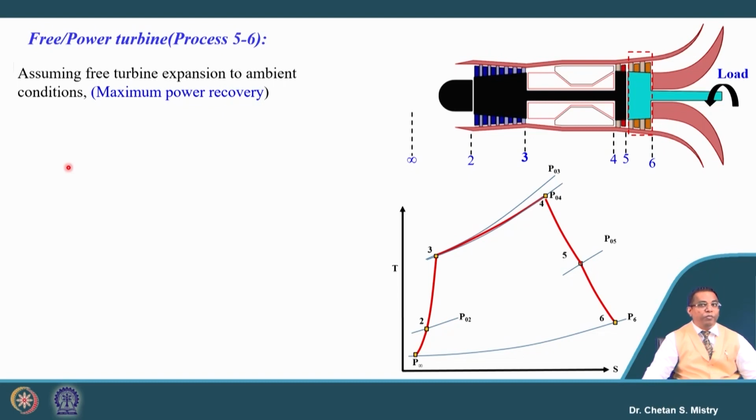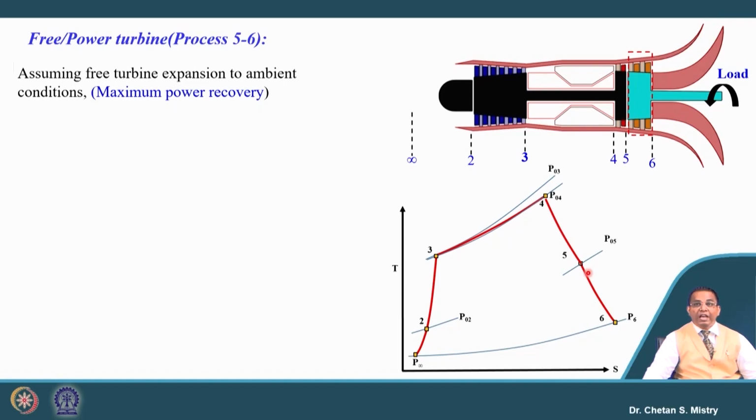Here my purpose is not to generate thrust, so we will try to extract all the energy possible by using this turbine. That's the reason why this line, if you look at this process of expansion from 5 to 6, is representing the free turbine expansion.